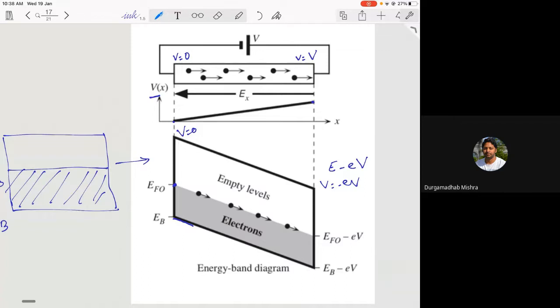So the band bends, and naturally, if you have a slope here, because this is like the top of a mountain, then electrons can just roll down because the potential energy is lower on the other side. Due to this change in potential energy, it is like they are rolling down the hill, and that is how you explain the flow of charge carriers or electrons.